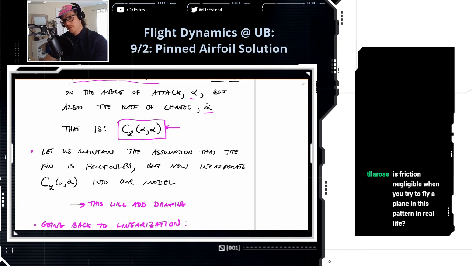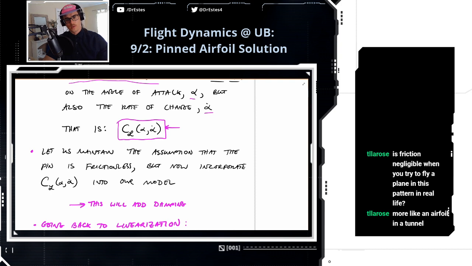I think at this point in the course, we're using this example as more like an airfoil in a tunnel. Exactly. It's an airfoil in a tunnel. We're using this as a vehicle to explore some linearization techniques and show the connection between, you have some nonlinear system, how do you break it down to a linear system and then analyze it with some tools that we're familiar with?